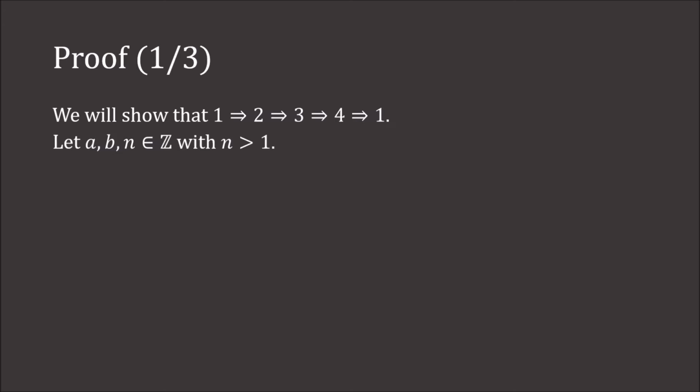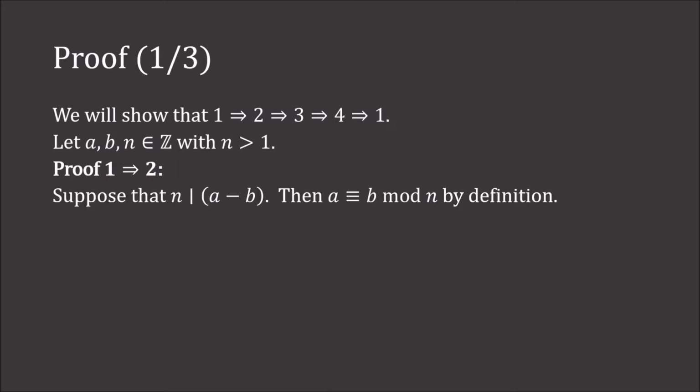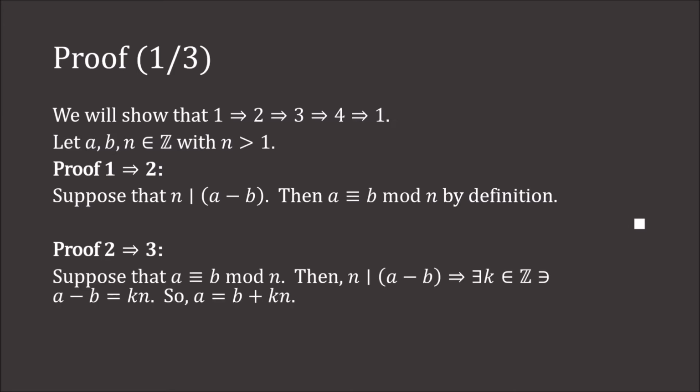The proof of 1 implies 2 is a very straightforward one. Suppose that n divides a minus b. Well, that's the definition of a being congruent to b mod n. And so that proof is complete. Now the proof that statement 2 implies statement 3. Suppose that a is congruent to b mod n.